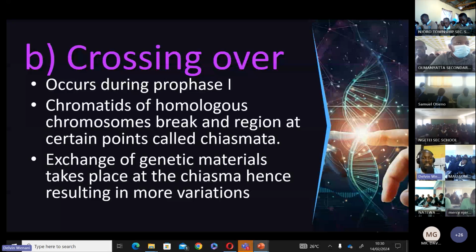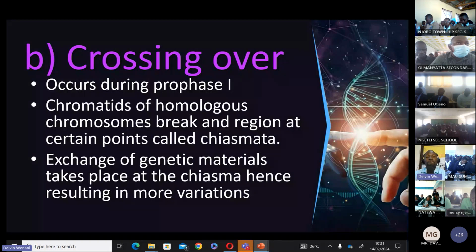At this point, the two chromatids that have rejoined will exchange genetic material. So what you have, you give out, and then I give you some. So there will be an exchange of genetic material, and this exchange at this point will create variations at the end.